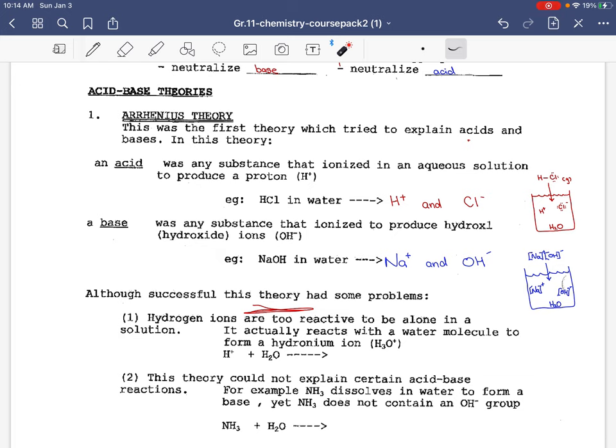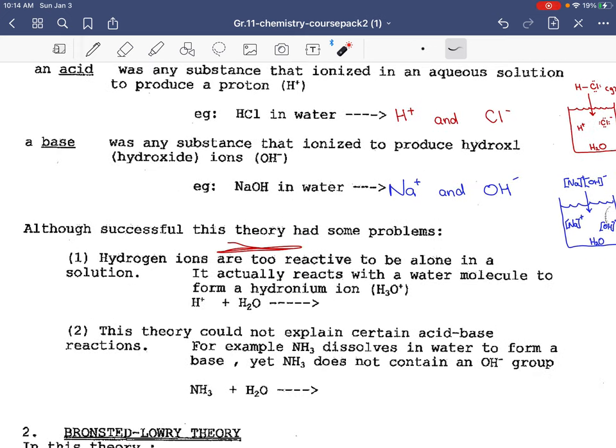And these problems are not something that Arrhenius can solve. He will have to wait for a while for somebody, I guess, smarter to discover what really happens here.